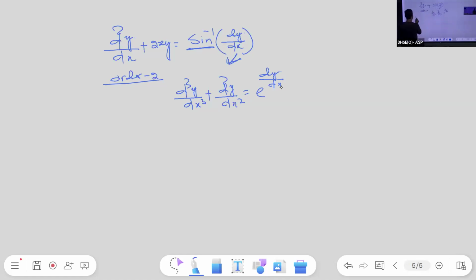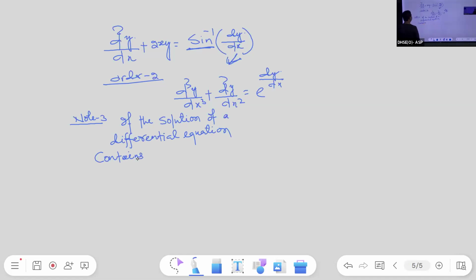Okay, then come to next point, note point 3.